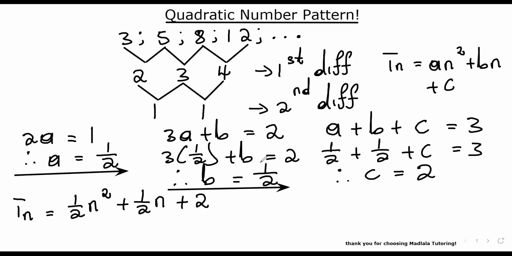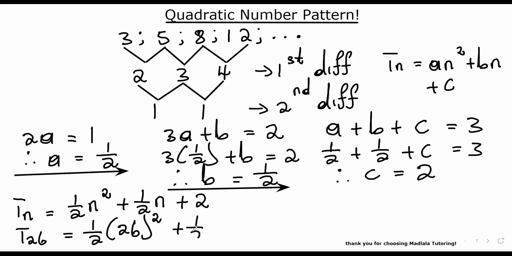Well, indeed, we get a 12. So it means it works. So now that we have proven beyond reasonable doubt that indeed it works, then we can go ahead and find term number 26.